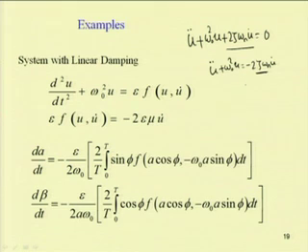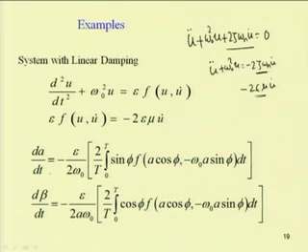So, this equation will be reduced to minus 2 epsilon mu u dot, where epsilon mu will be equal to zeta omega n, and epsilon is the bookkeeping parameter which is very less than 1. So, one can write epsilon f u dot equal to minus 2 epsilon mu u dot. So, this f will be equal to minus 2 mu into u dot.